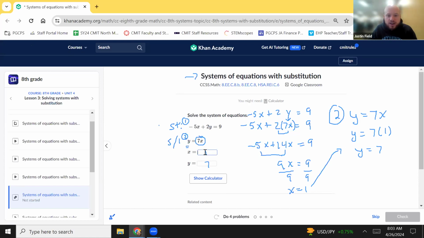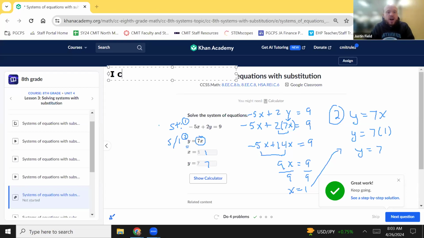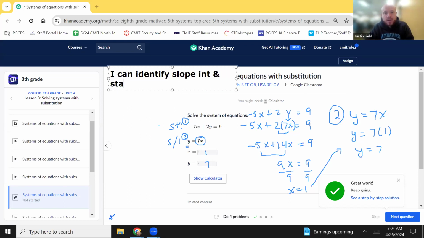Pretty nifty, right? Don't worry, I'm going to write the success criteria down. Okay, so I can identify slope intercept and standard form.